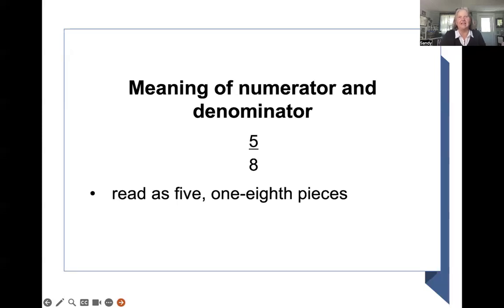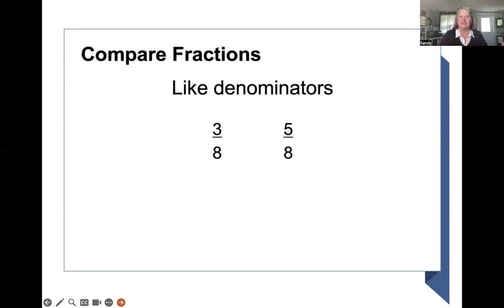That's not incorrect, but what we want to think about is the denominator as the unit fraction size, 1/8, and we have 5 of those 1/8 pieces. So notice another way to read it. I can read this as 5/8 like I always have, but I could also read it as 5 1/8 pieces. Reading it the second way helps us when we want to do comparisons.